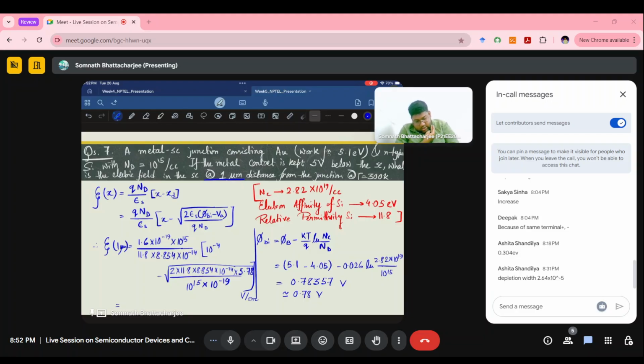So this comes out about 26.7 something like this. So the values are like this. We have to put each of the values and everything, so this would be nearby to this.